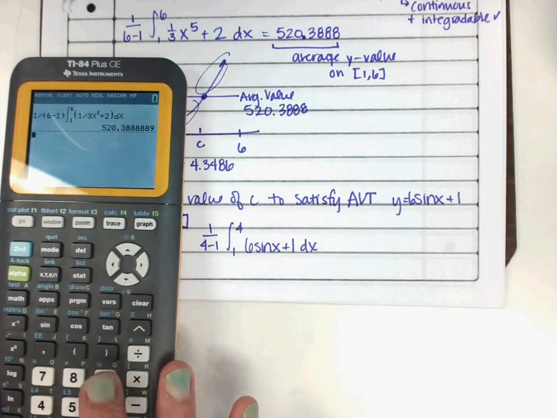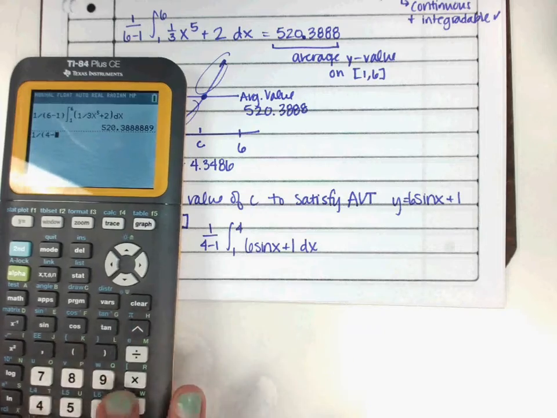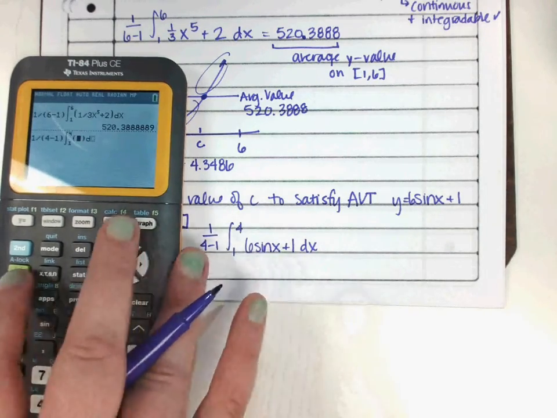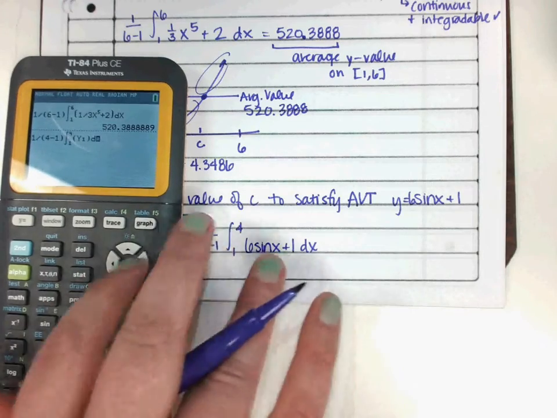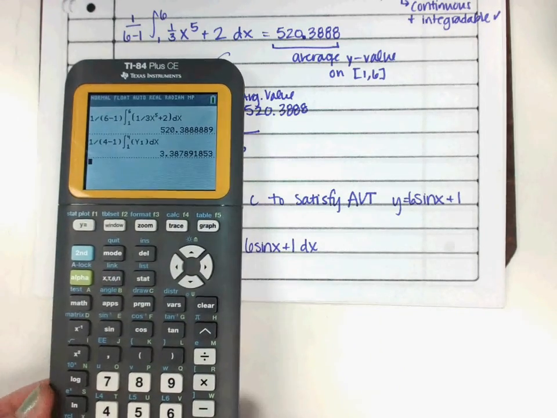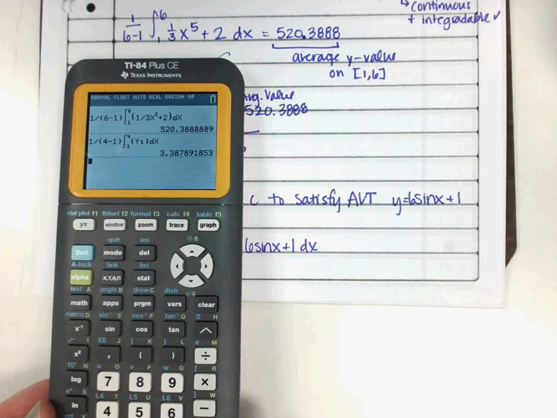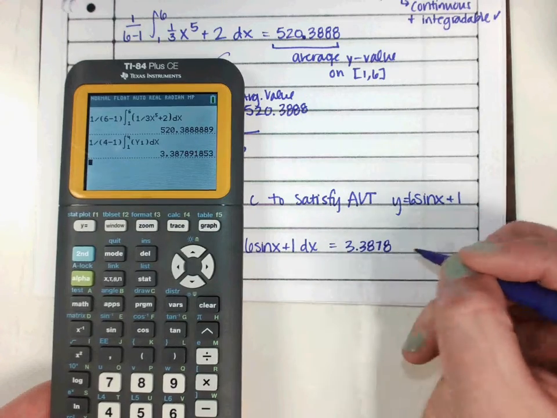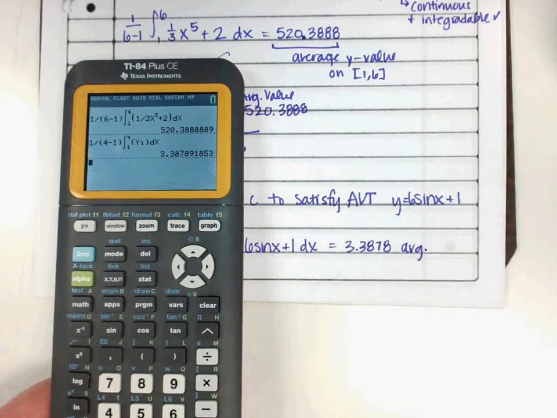Okay, we're doing 1 over 4 minus 1, math 9, 1 to 4. And then alpha trace y1, and then dx. So it should look just like that. Okay, my average value came out to 3.3878. That's the average. Okay, what do I do next?